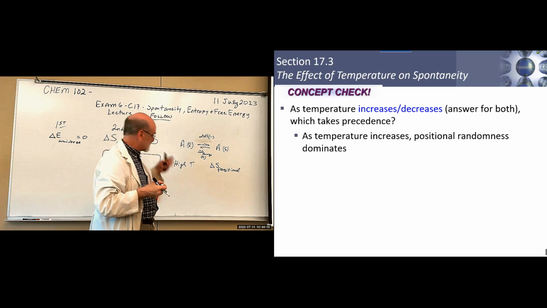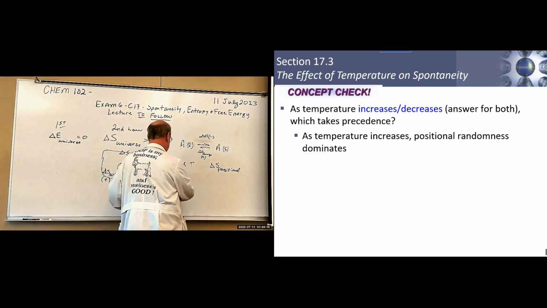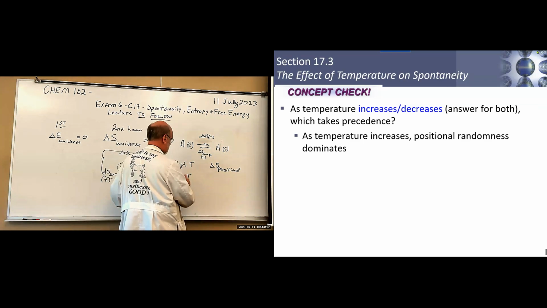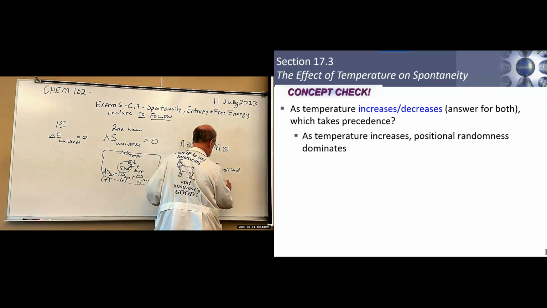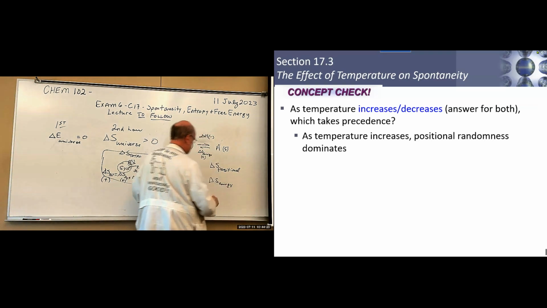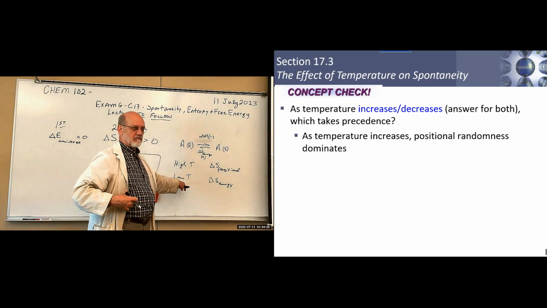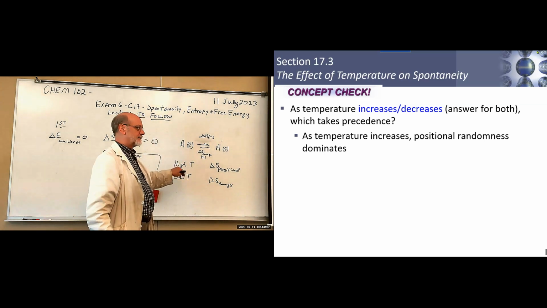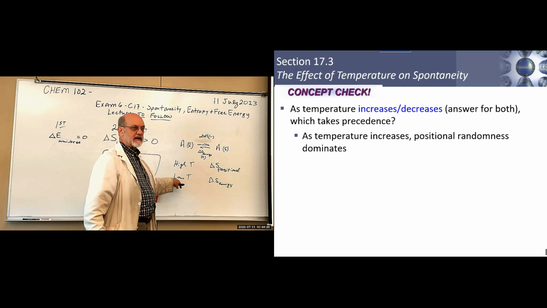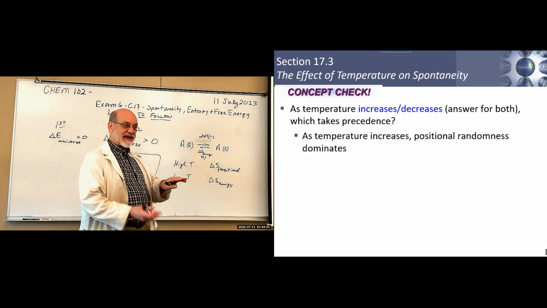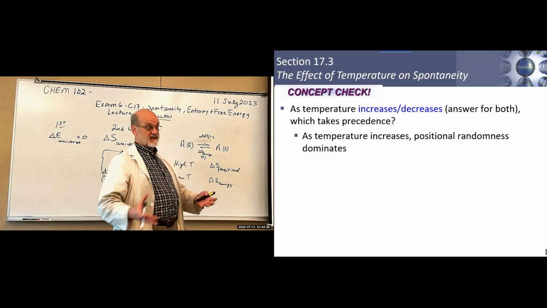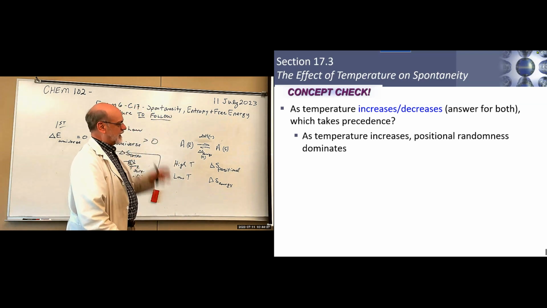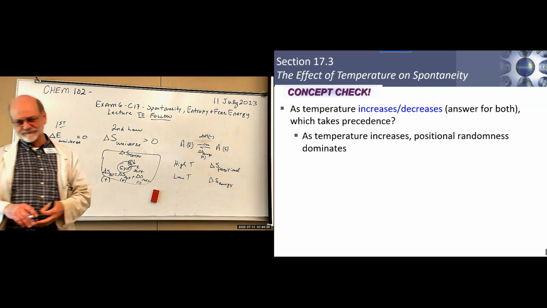But at low temperature, the energy entropy is considered more influential, because at low temperature, any change in energy relative to its current position is a big deal. That's where this slide is going.